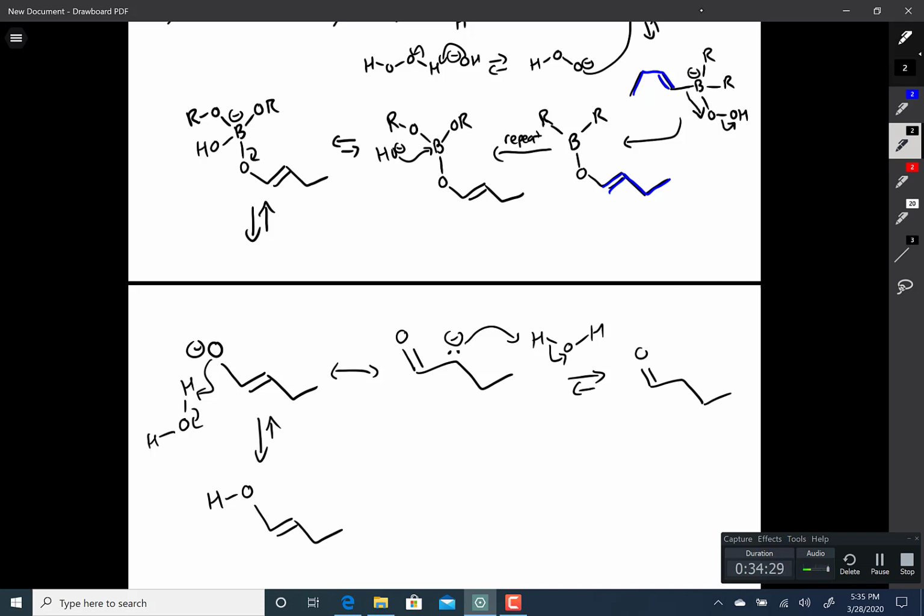Now, notice reversible arrows. We can use our knowledge of pKa's to figure out which one of these is more favorable.